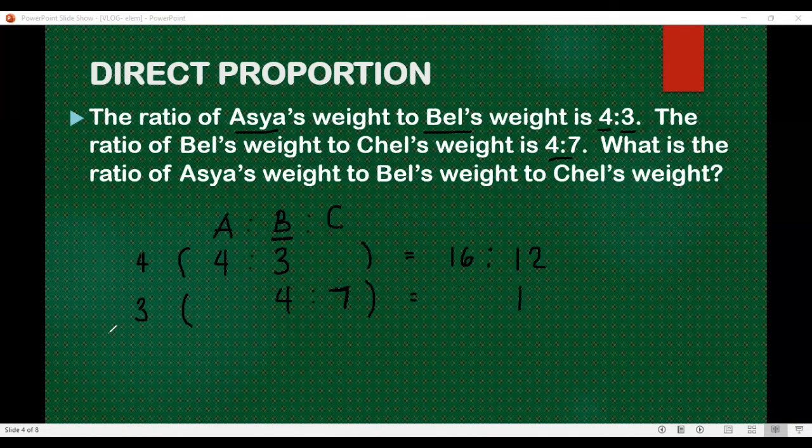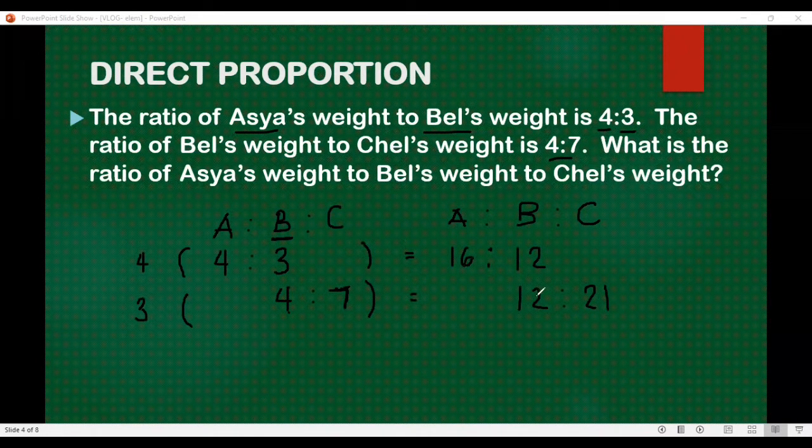So still 3 times 4 is equal to 12, and 3 times 7 is equivalent to 21. So there you have 21. This means that you can already have Asha's to Belle's to Shell's. So 16 is to 12 is to 21.